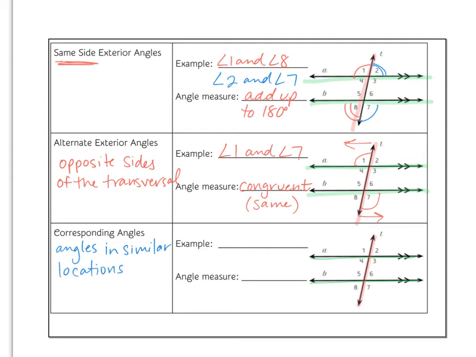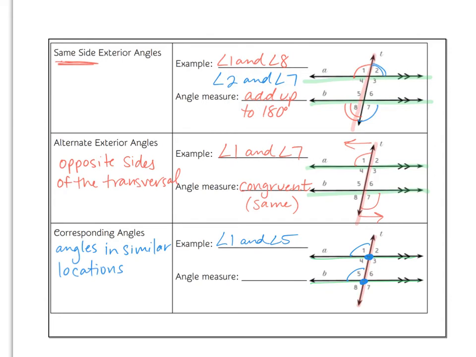And what I mean by that is like 1 and 5. Do you see how at this top intersection right here, 1 is above and to the left of that dot? And down here at this lower intersection, 5 is above and to the left of that dot. So angle 1 and angle 5 is an example of corresponding angles.